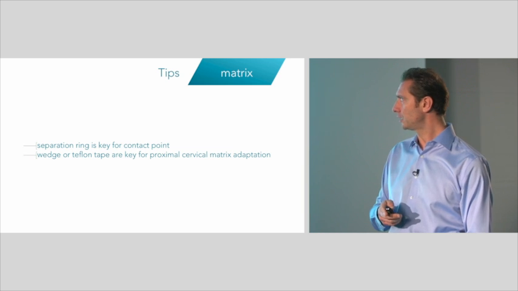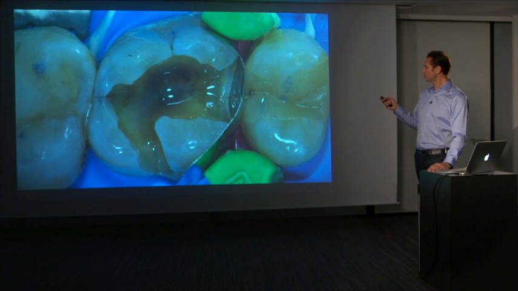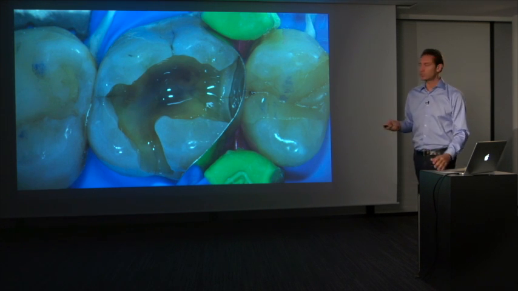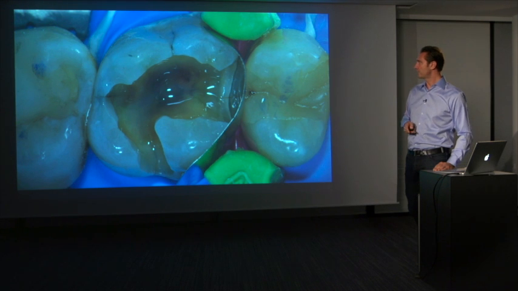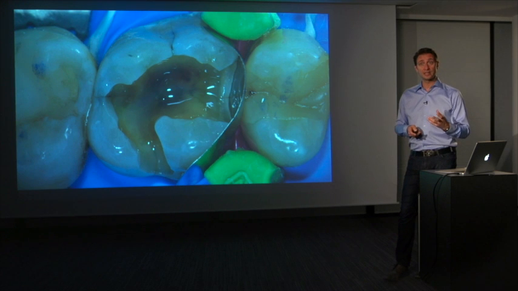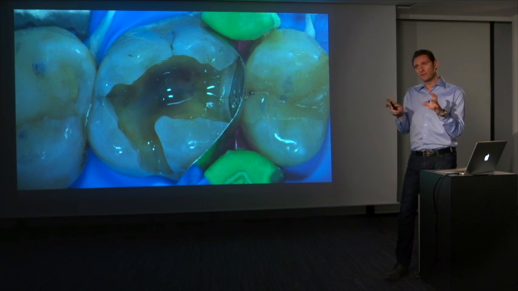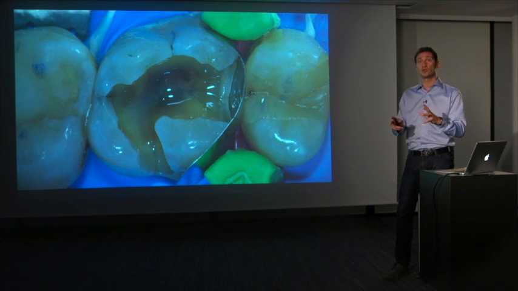And you will see in the clinical image how the separation ring is really the one that separates the tooth. Some type of wedge in the proximal, cervical area should be pushing the matrix against the tooth. It's easier and more predictable if you give a specific function to each of the two instruments: the wedge for the proximal adaptation, the ring to separate the teeth.